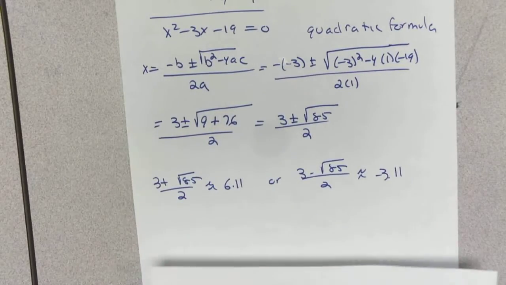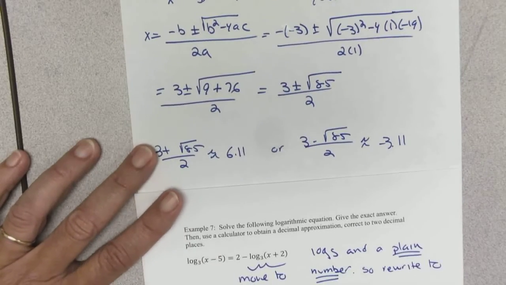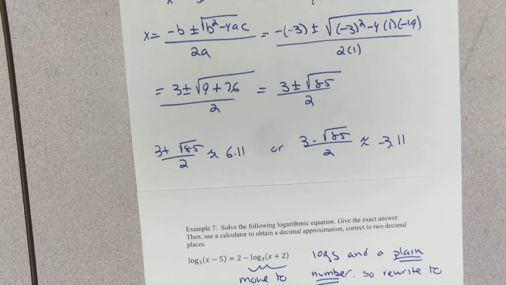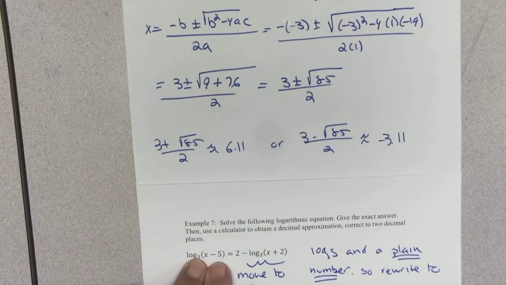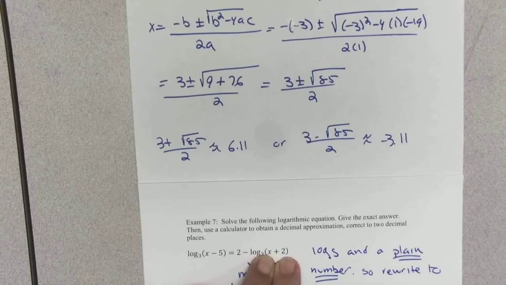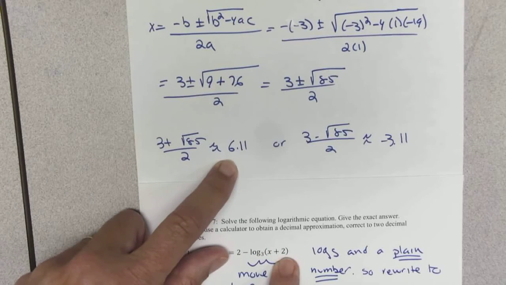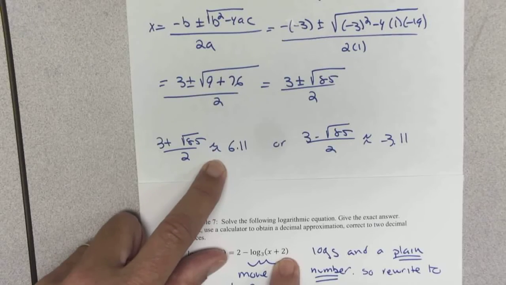Now we said something about checking, that you can't take logarithms of negative values. So if I look at the 6.11, if I put 6.11 in there, that's going to be 1.11. That'll be log of a positive value. And if I put 6.11 in there, that'll be a log of a positive value. So this guy, if I've done all my work, will be okay.